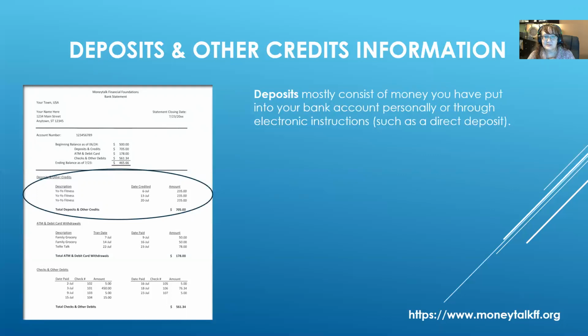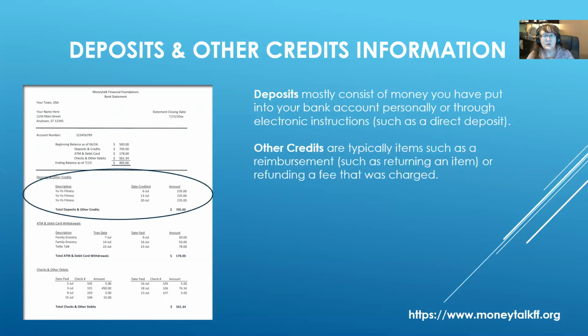In the deposits, we have everything that you put into your bank account, such as you went through the drive-through and made an ATM deposit, or you had your paycheck directly deposited. Or you will also see in here other credits, such as returning an item being a reimbursement or a refund.